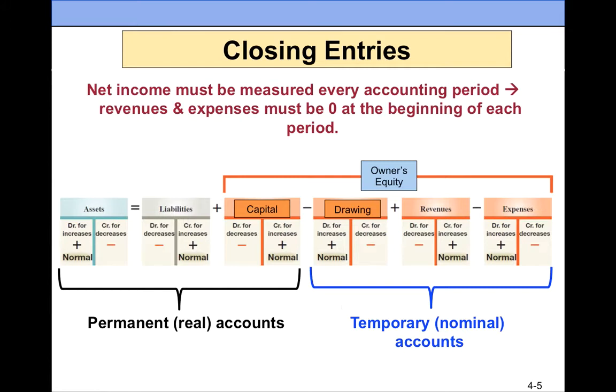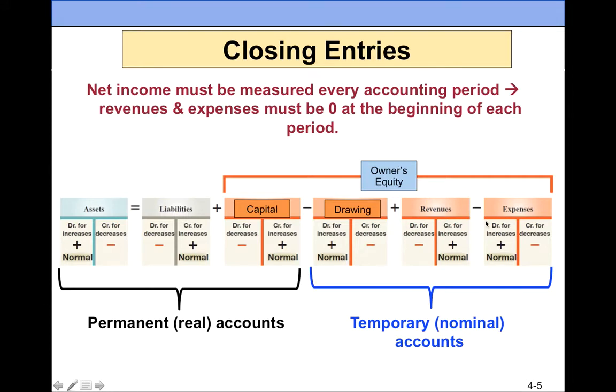But before we start journalizing closing entries, I want to explain why we do them. If you have your own business, you of course want to measure whether you're profitable or not every period. So your net income or net loss should be measured every accounting period, which for a small business is every month. In order to do that, I need to begin every month with zero, with my revenues and expenses having a zero balance.